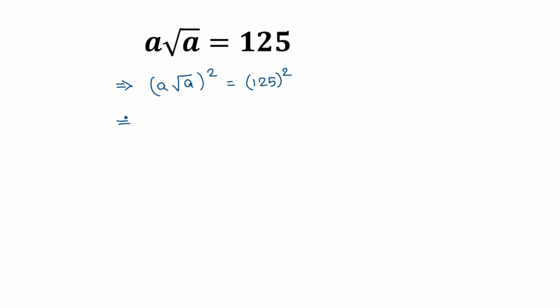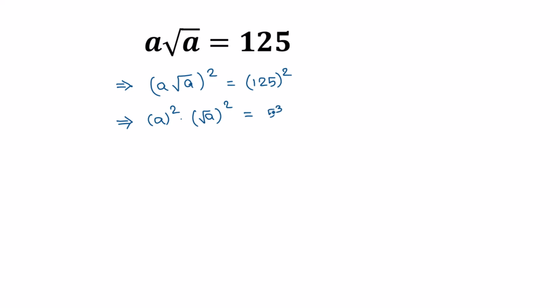Or a times square root of a whole square. We can write it as a square times the square root of a squared, is equal to 125. This is 5 to the power 3.